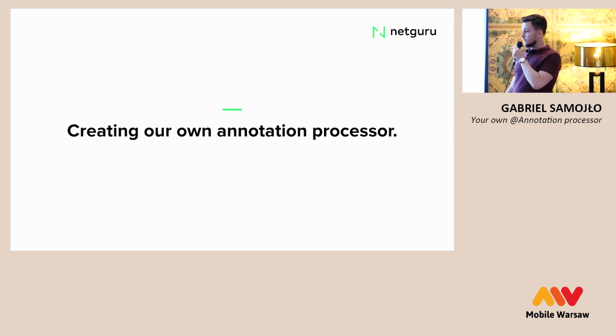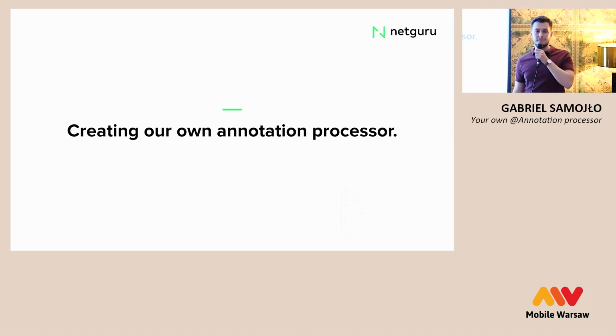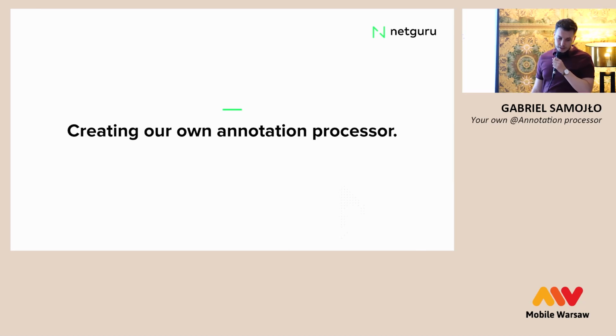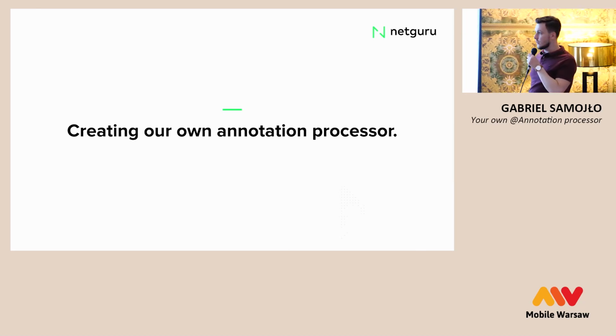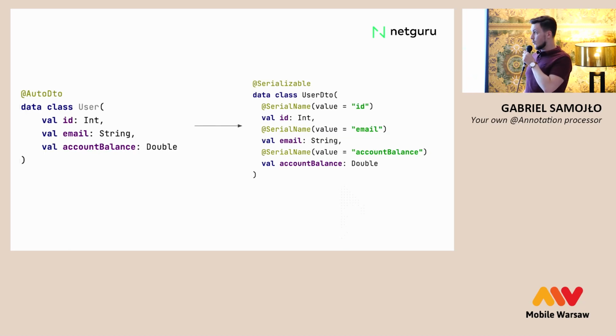So what are we going to build? Actually, I thought the best idea is one from a real-life scenario. So let's create a simple annotation processor that will generate a DTO class from a POJO class, so a very straightforward data class.